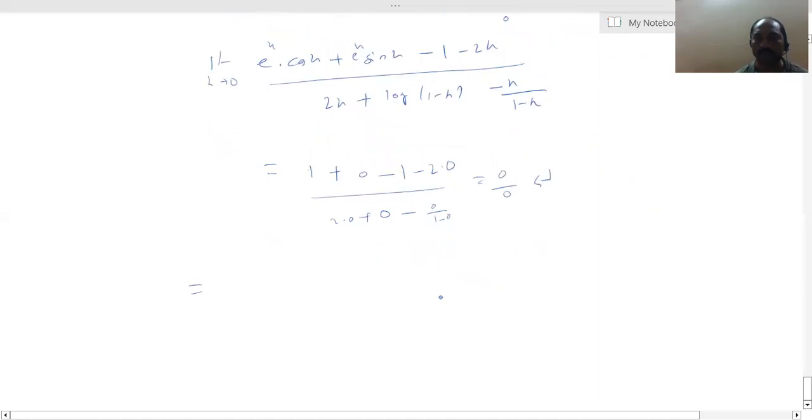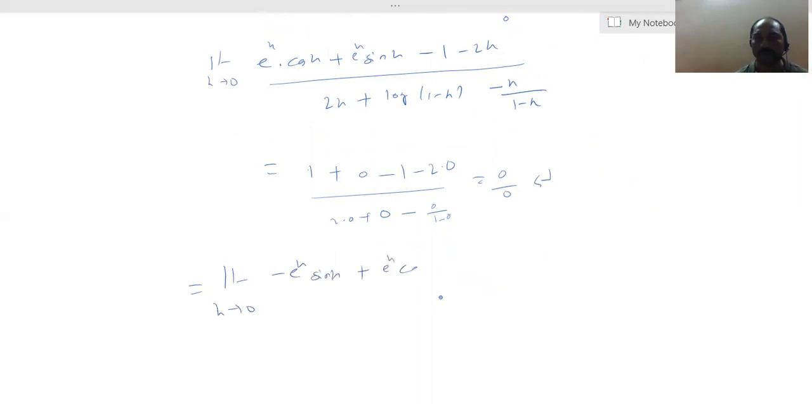that implies limit x tends to 0, the derivative of the numerator function becomes minus e power x into sin x plus e power x into cos x plus e power x into sin x plus e power x into cos x, the derivative of 1 is 0, and the derivative of minus 2x is minus 2. If you know the derivative process, no problem.